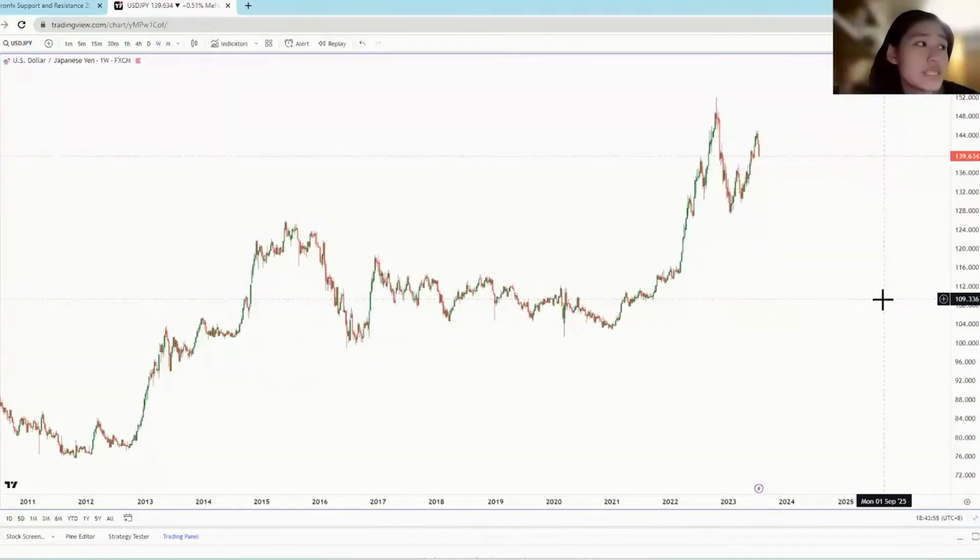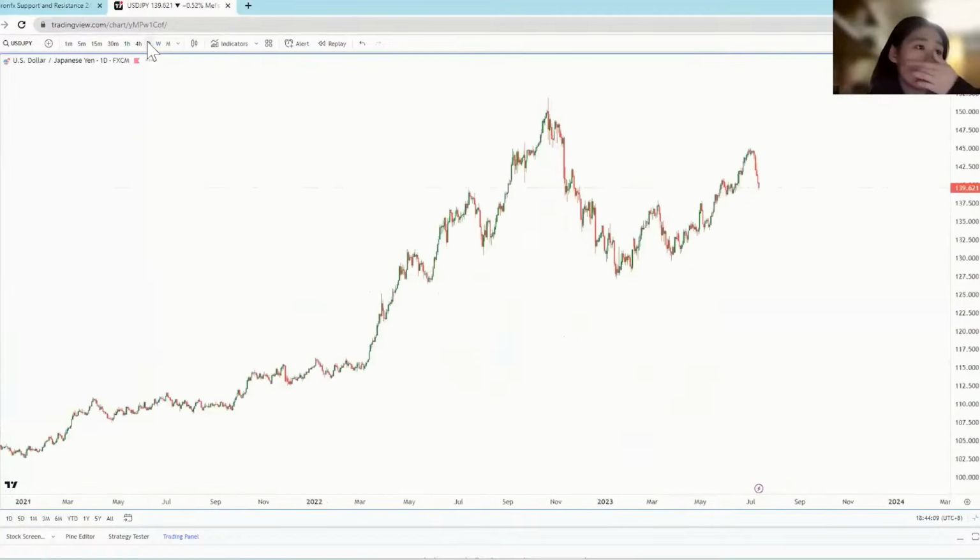So this is our weekly time frame, and you can see price looks like it recently reversed over the swing high, but it's generally moving upwards. Okay, next, our daily time frame.